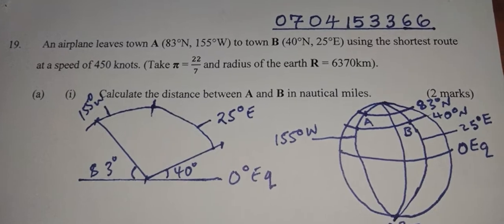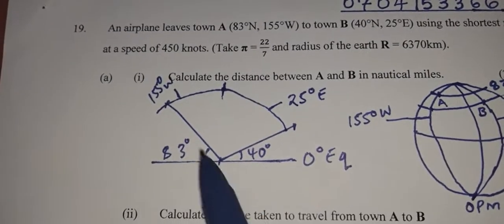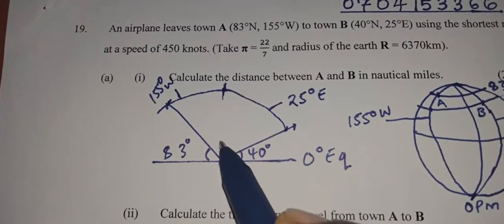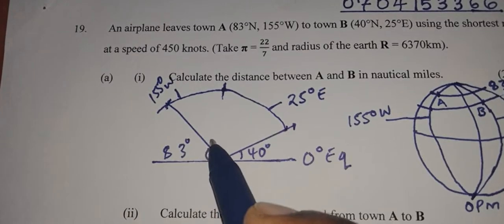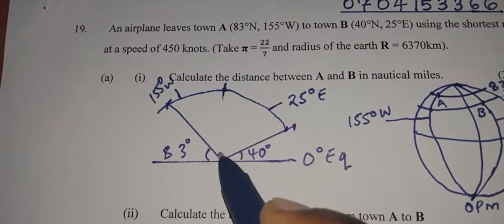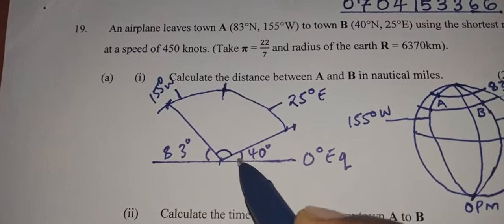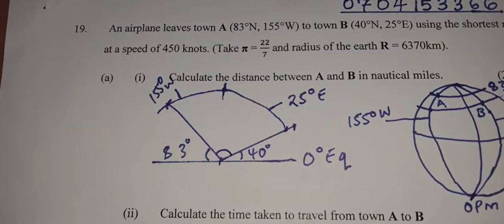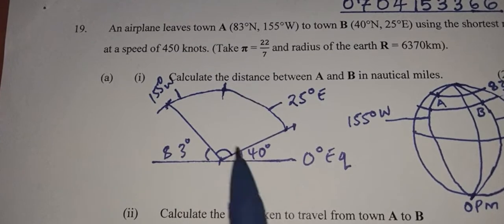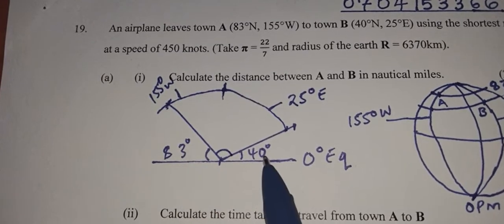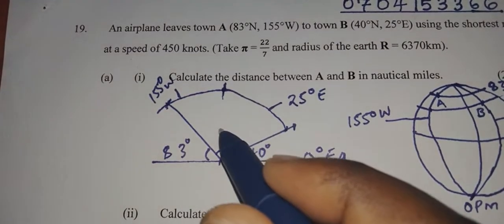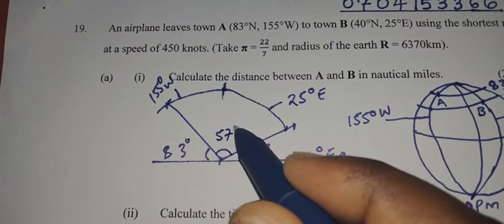Now the path followed from this point to this point will be a distance along a great circle, the radius being the radius of the earth, and the angle at the center of this arc of this path is going to be, when we take 180 and subtract 83 and 40, exactly 57 degrees.